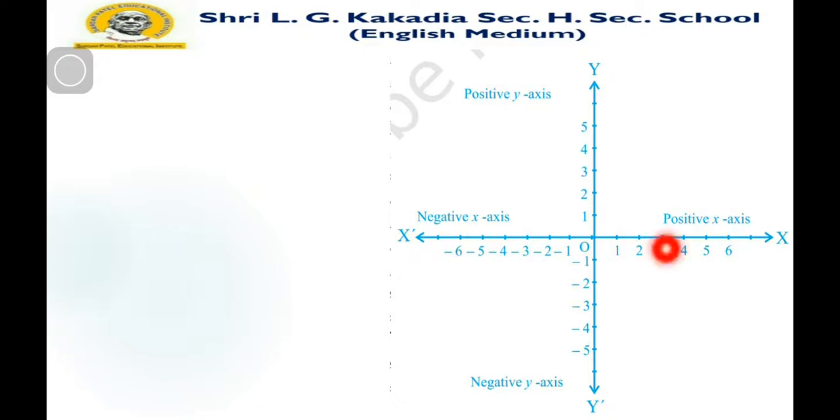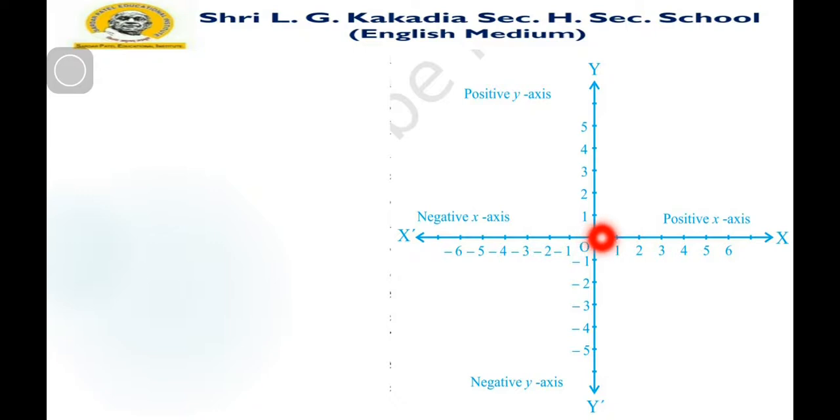So the horizontal line, as you know, is the x dash x line, so we denote the horizontal line as the x-axis. The horizontal line is the x-axis, and the vertical line is known as the y-axis.